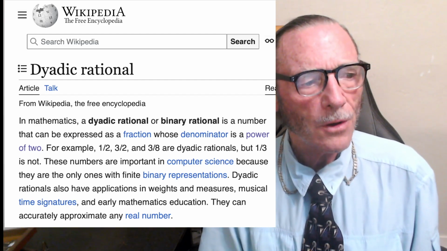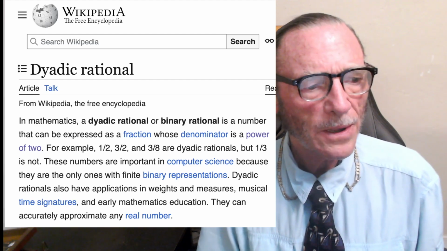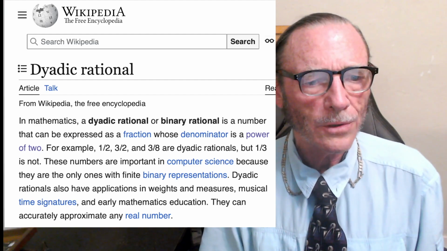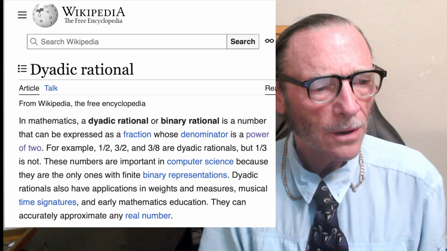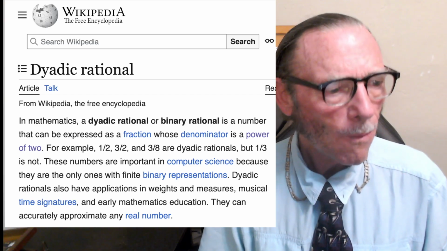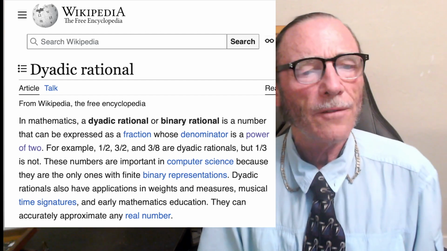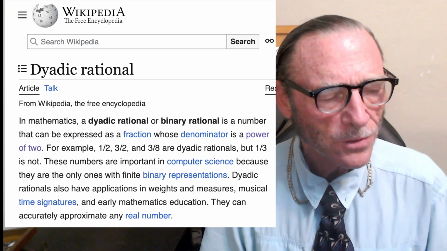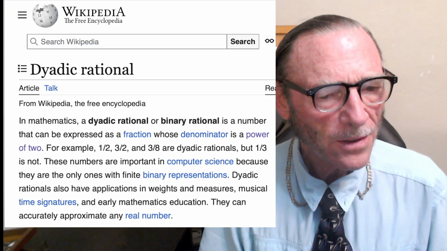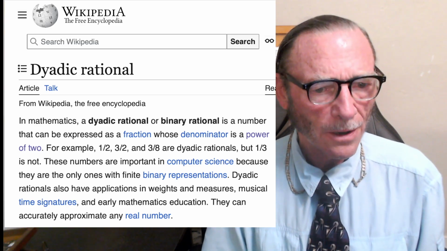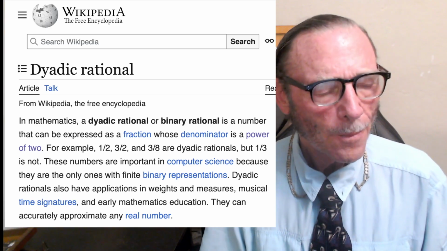And the reason they're called rational fractions is because each of the component numbers, the numerator and the denominator, are whole numbers. But the denominator does have to be a power of 2, which means that that is more numbers than the binary number system allows.